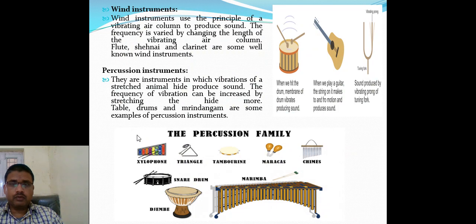Here, wind instruments use the principle of the vibrating air column, which I already told you, to produce the sound. The frequency is varied by changing the length of the vibration. When there are different kinds of holes, and those holes are closed or opened, the frequency changes, and with that frequency change, the music is created.